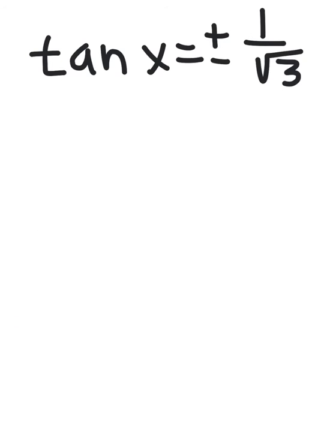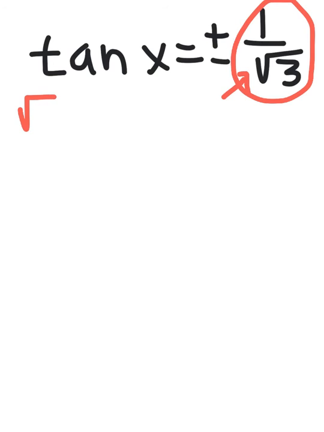Okay, did you find your angles? No worries if you didn't. I'm going to show you how I approach this problem. When I look at this problem, the first thing that I notice is we have 1 over the square root of 3, and there's a square root of 3 in the denominator. That tells me that my coordinates are the square root of 3 over 2 and 1/2.